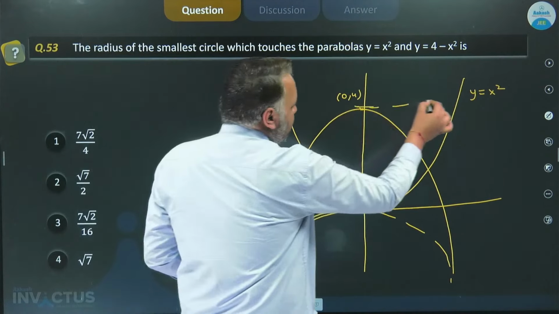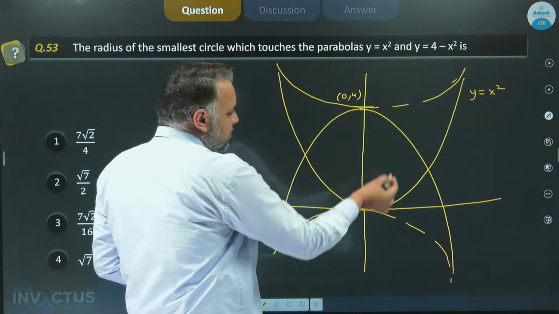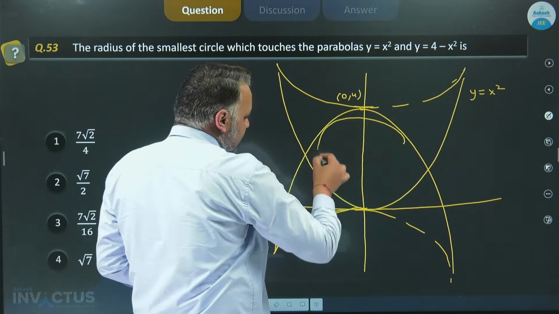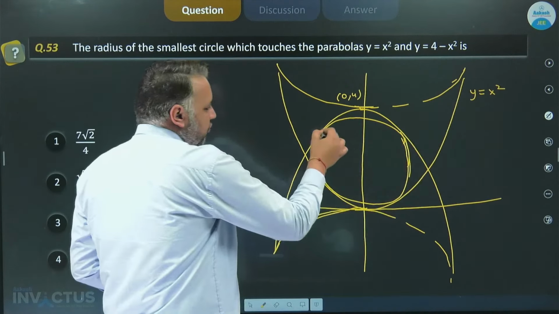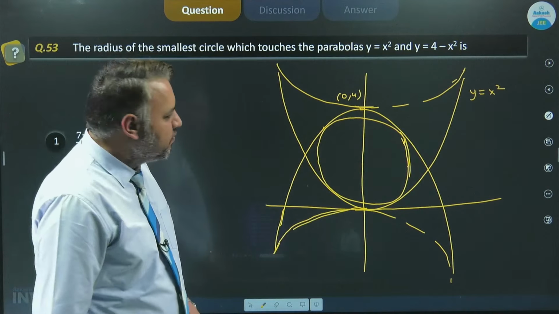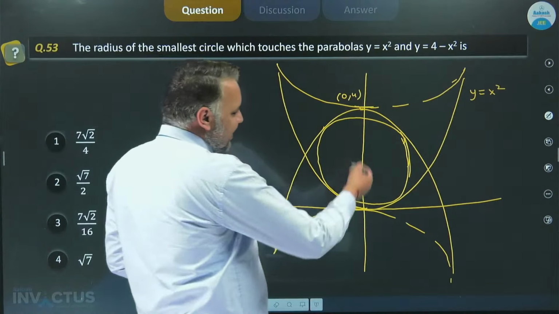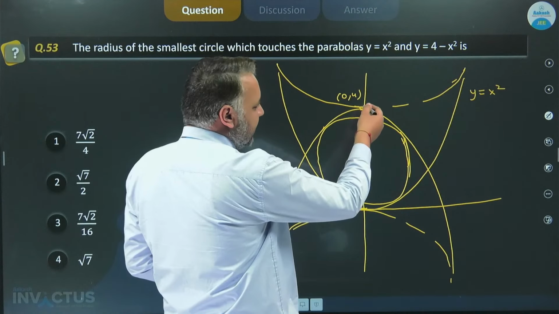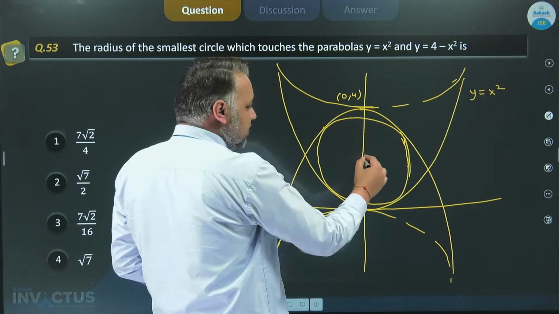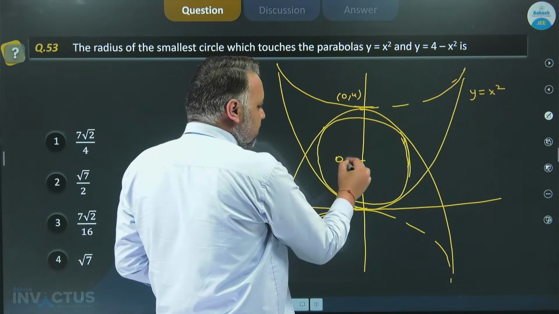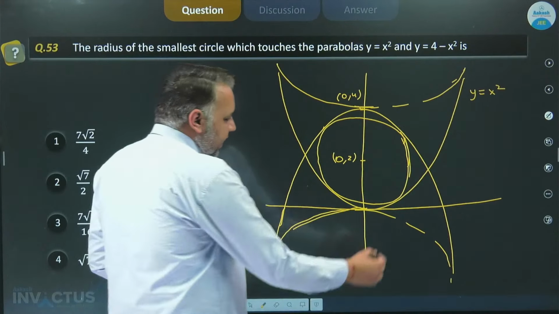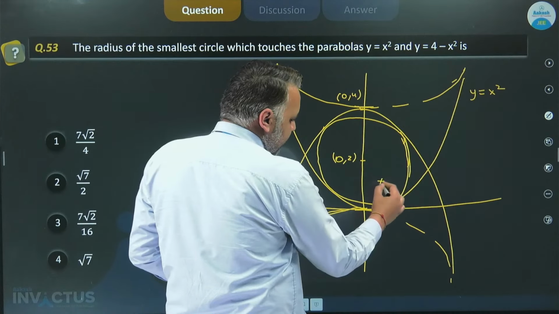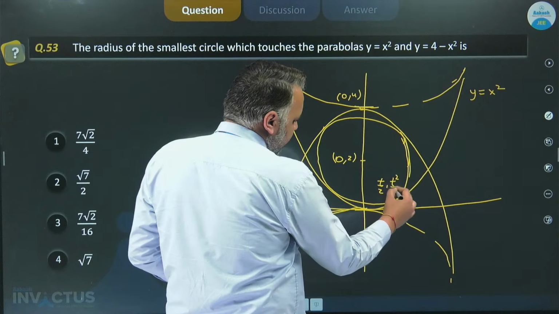And a circle whose radius will obviously be smaller than these two circles will touch the parabolas like this. So we have to find the radius of this circle. By symmetry, if this vertex is (0, 4) and this is (0, 0), then the center of this circle will be (0, 2). And we have to find the radius of this circle. So we take a point here, (t/2, t square/2).